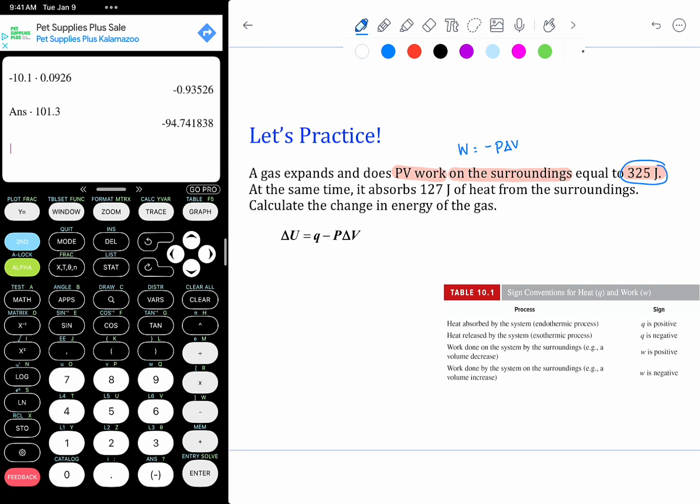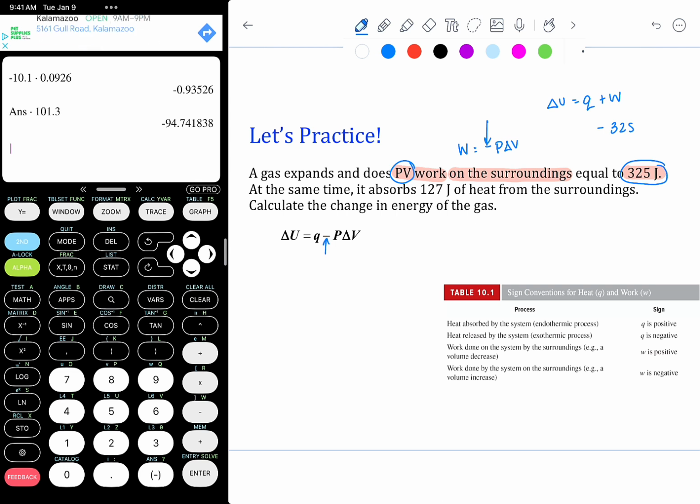That's because it's saying it did PV work, and the sign is already accounted for in the PV work by that negative in our new equation of delta U. If you were to just think of this as work, W, using delta U is equal to Q plus W, the wording of the problem would then make you have this be negative 325, which would do the same thing as the negative here. So it works out, okay?